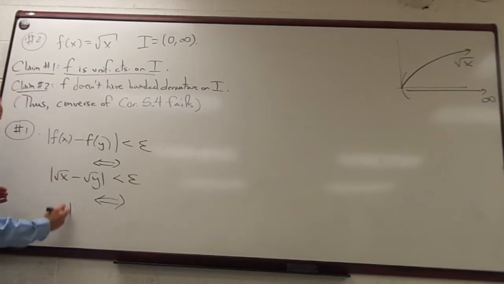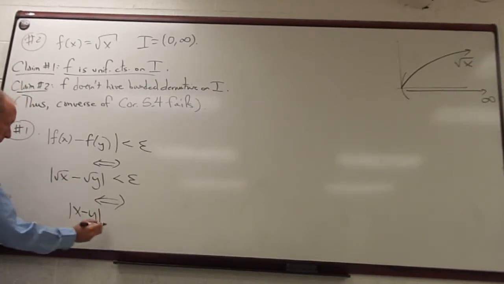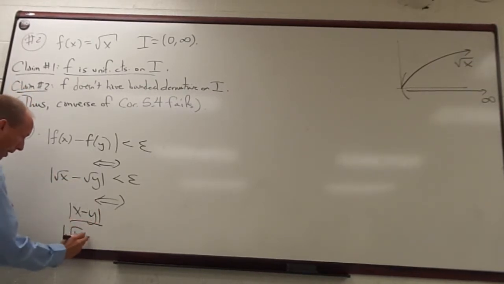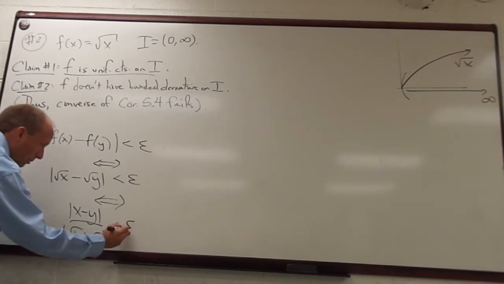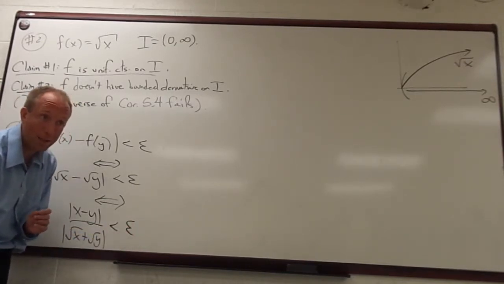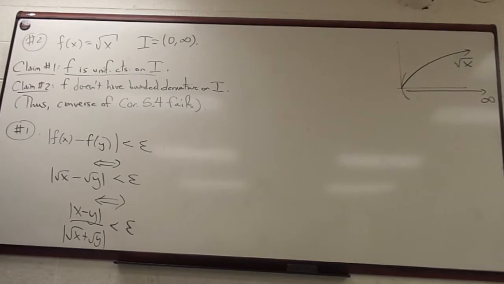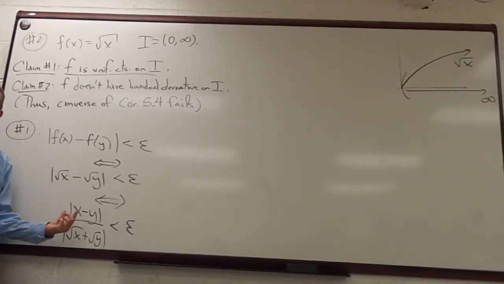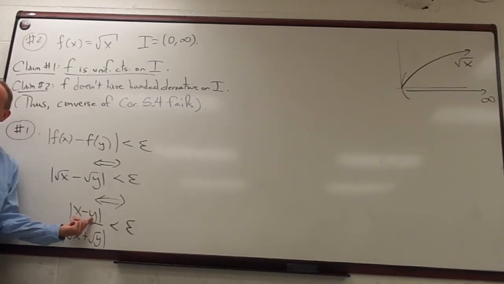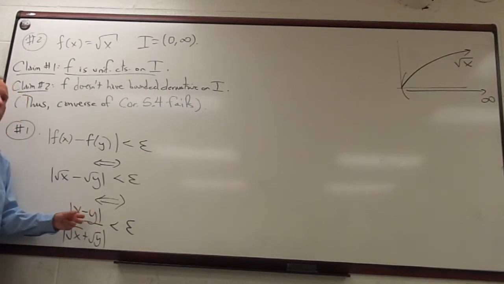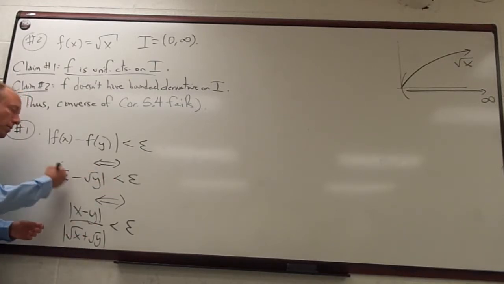And I can do that on top as long as I also do it on the bottom. So if you're writing this down, just be forewarned that we're going to be erasing this in a minute. Okay. But anyway, that's what we have. Does everybody see how I did that? I basically view x minus y as a difference of squares. It's radical x minus radical y times radical x plus radical y, and after canceling, it reduces back to this.